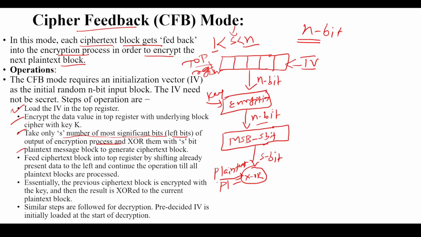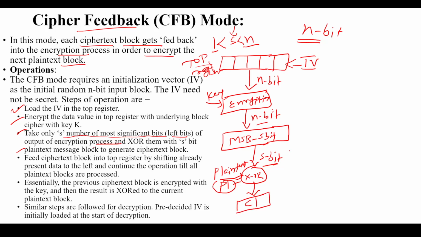That first plaintext will be XORed with the s bits, and after that we get the outcome. What type of outcome? We get the encryption outcome, that is our first ciphertext for the first block.